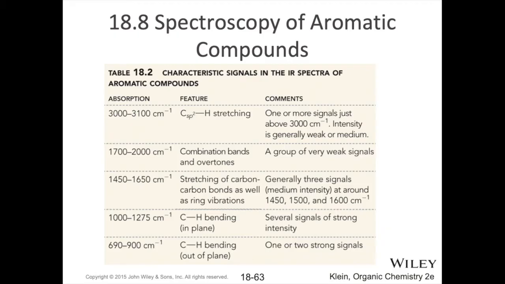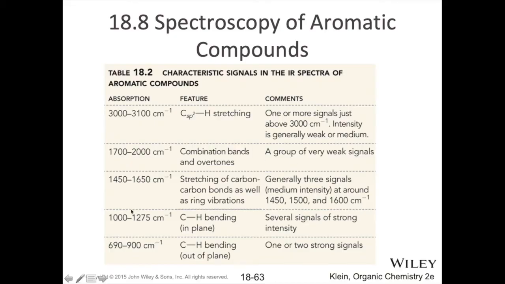At the lower end of the diagnostic region, down where we see our double bonds, you should hopefully see the carbon-carbon double bonds in that 1,700 to 2,000 range. Though of course, we're dealing with relatively non-polar signals, and so they're generally rather weak signals for those carbon-carbon double bonds.